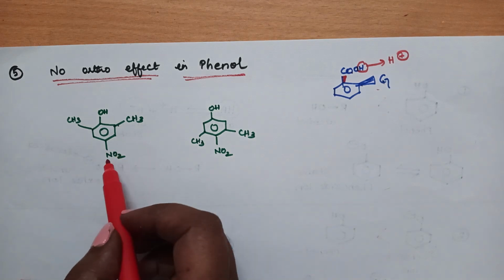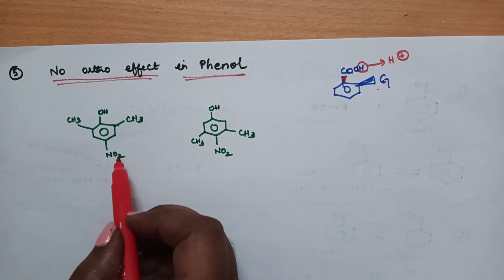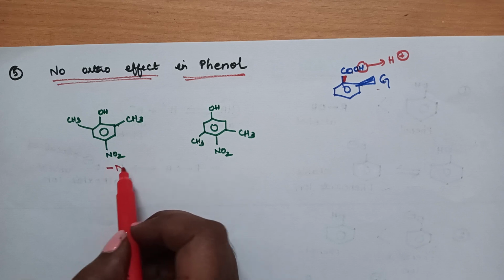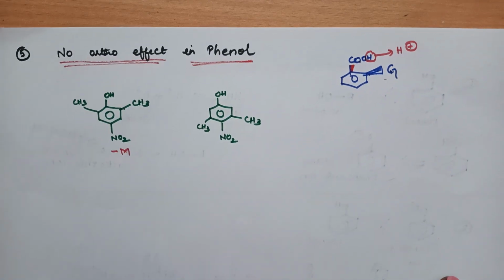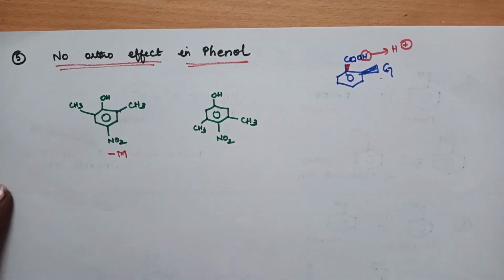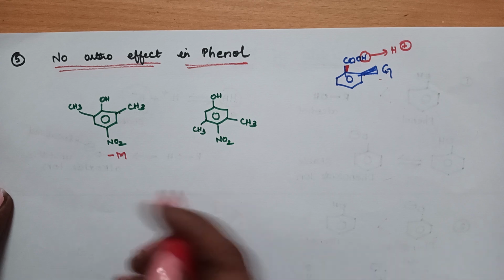So students, here NO2, what kind of effect will NO2 show? Between nitrogen and oxygen, double bond is present, therefore it will show minus M effect. Already I taught you how to find plus M effect and minus M effect. If you don't know, you can watch my previous video on mesomeric effect, where I taught you the trick to find out which groups will show minus M and plus M effect.